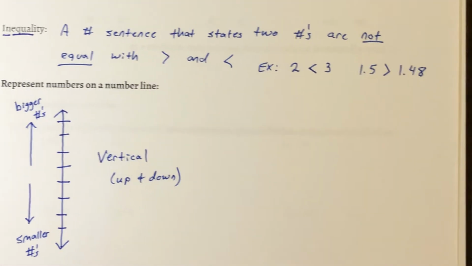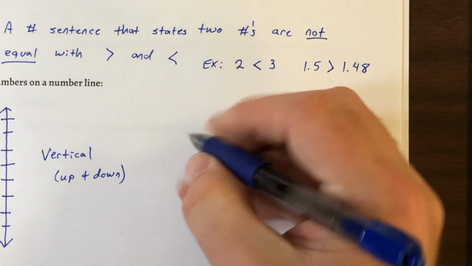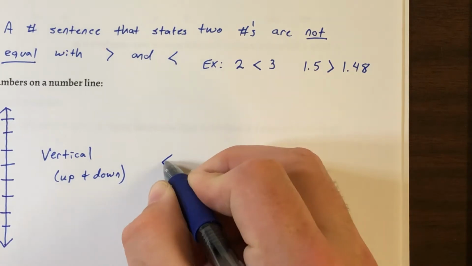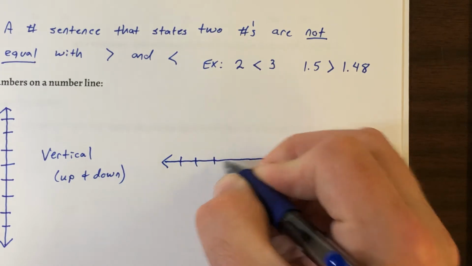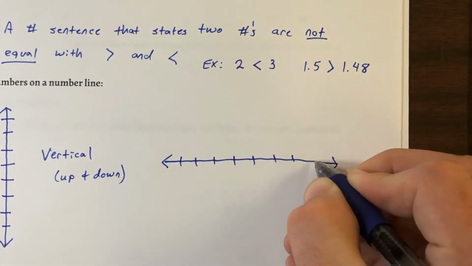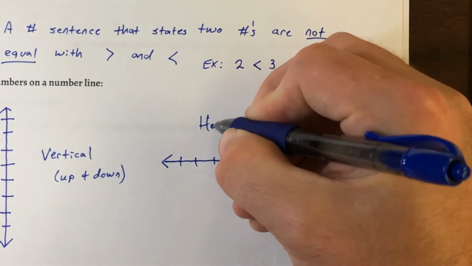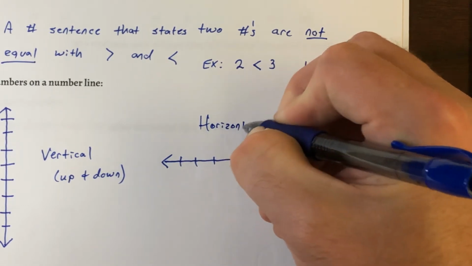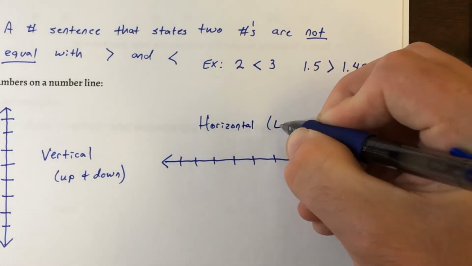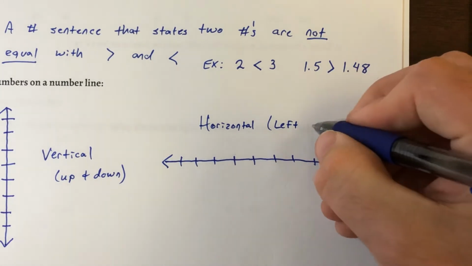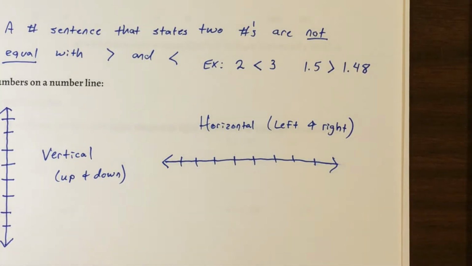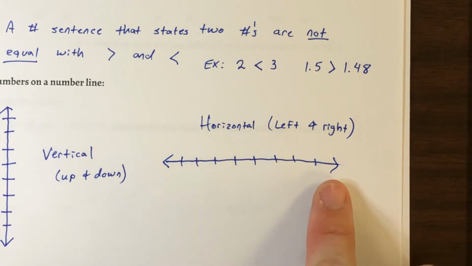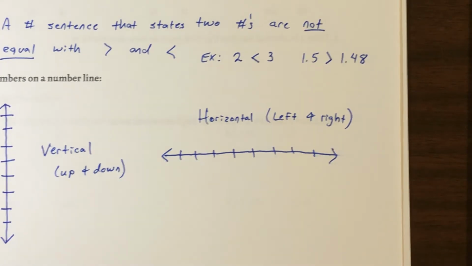All right, our second type of number line, horizontal. That's the one that goes left to right. So our horizontal one goes left and right, and again, just like the vertical, you can't just put numbers wherever you want to go.